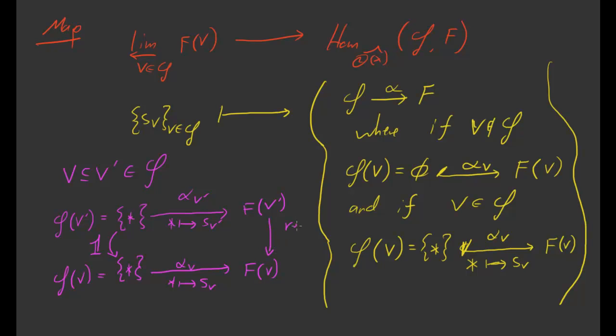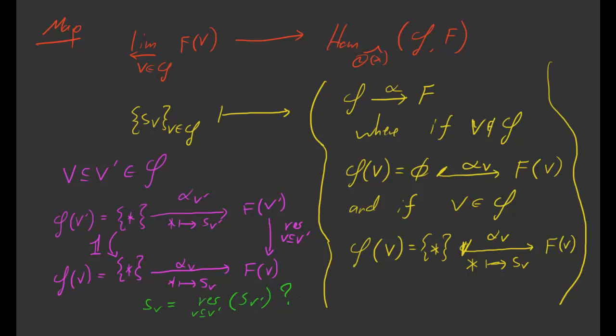And this is the restriction of V inside of V prime. So the naturality condition boils down to asking whether it's true that S of V is equal to the restriction of V inside of V prime of S of V prime. That's what the naturality condition boils down to.